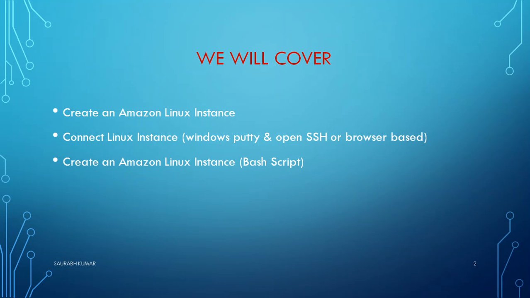Like maybe if you want to have a Linux operating system running there but you want to have it already updated, you want to have some service already installed or running there, so how you can add those scripts while creating a new Linux instance. So these are the things we are going to see in today's practical part.